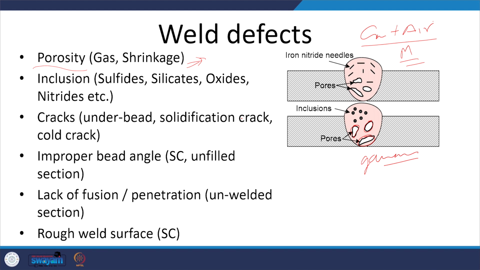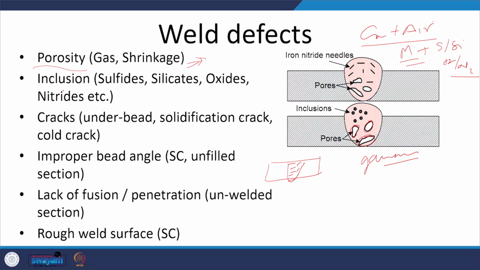There are two possibilities: the metal interacts with impurities like sulfur, silicon, oxygen, nitrogen, and forms their oxides, nitrides, silicates, sulfides, etc. If these compounds formed in the weld metal have a density similar to that of the metal, then they will get well distributed. But if they are of lower density, they will start floating and segregate on their own, or if they are heavier, they will settle down.